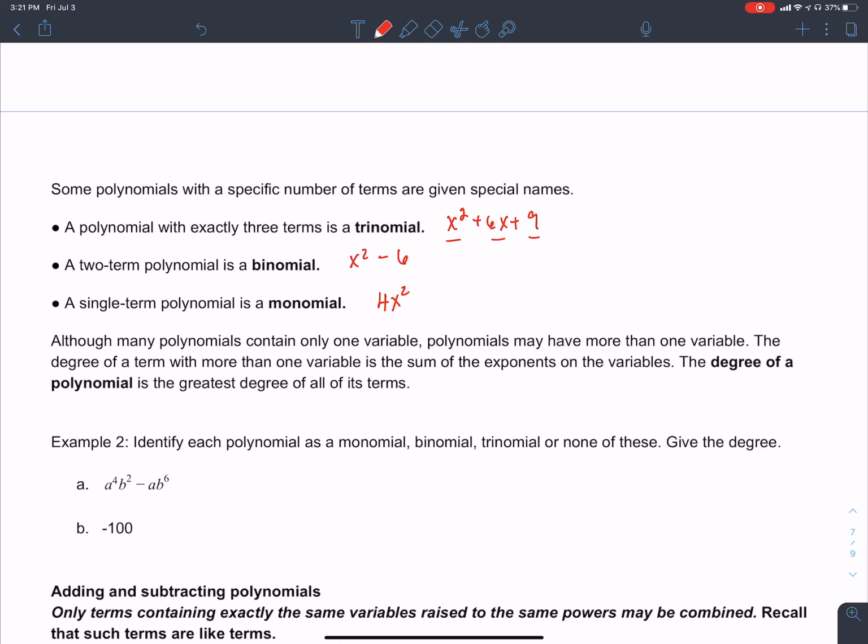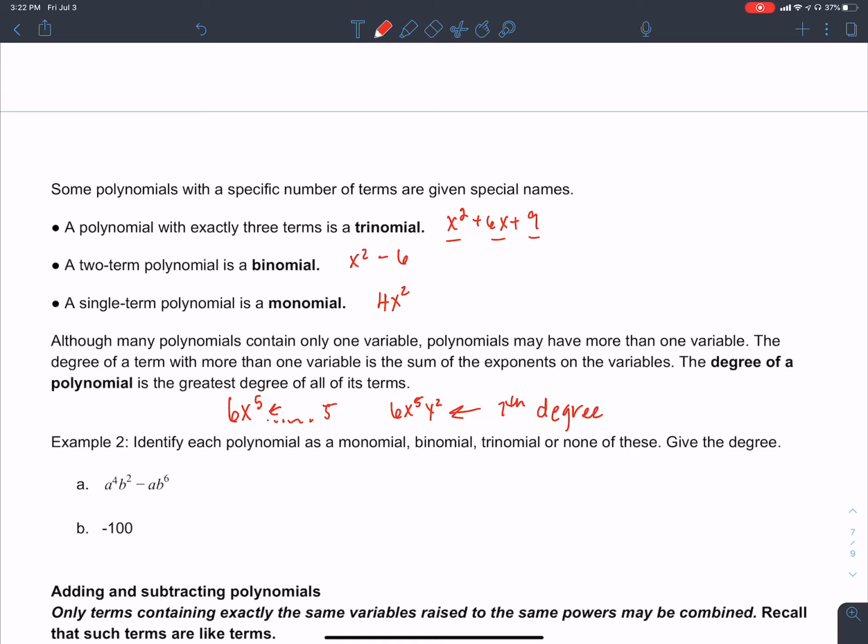Now, the degree of a polynomial is the greatest degree of all its terms, okay? So for example, if the leading term of the polynomial is 6x to the 5th, the degree of that polynomial, so there's more after that, right, is 5. But if I have 6x to the 5th y squared, this is going to be a 7th degree, okay? So we add.